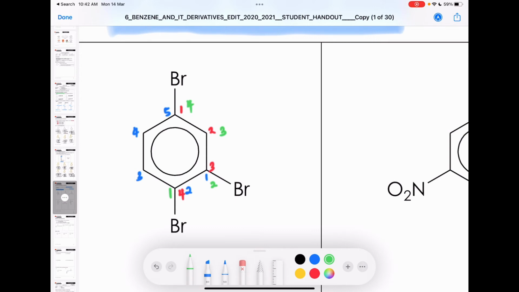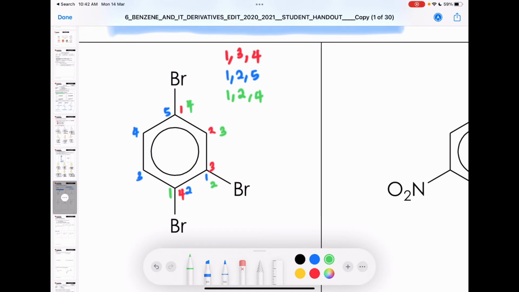If we refer to the number 1, we are going to get 1, 3, and 4. We focus on the blue one, we get 1, 2, 5. And if we focus on the green one, 1, 2, 4.